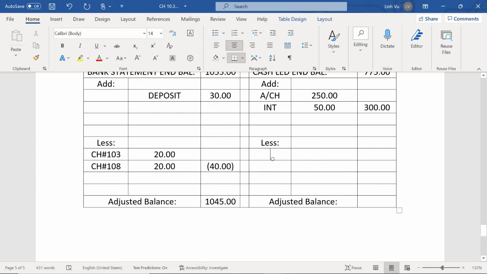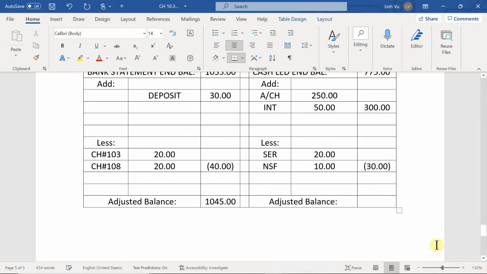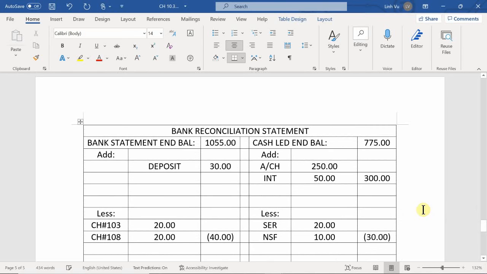So less service for $20, and my NSF was $10. So therefore, I need to have a negative $30. Okay. So in this case, let's start from the very beginning. If I had $775, I'm going to add $300, and I'm going to subtract $30.